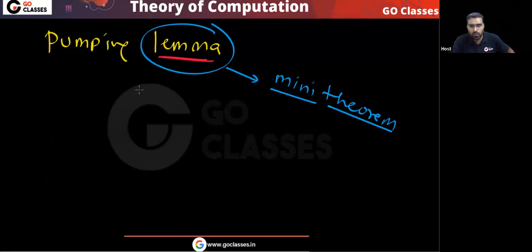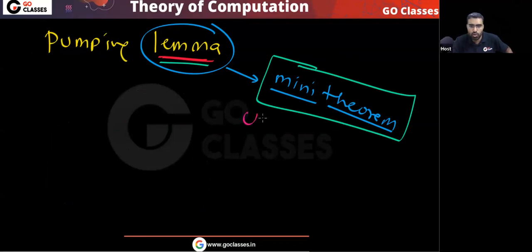But what mathematicians do is use the word lemma for a theorem which is used to prove other theorems. So remember, a lemma is just a mini theorem used in proving other theorems.